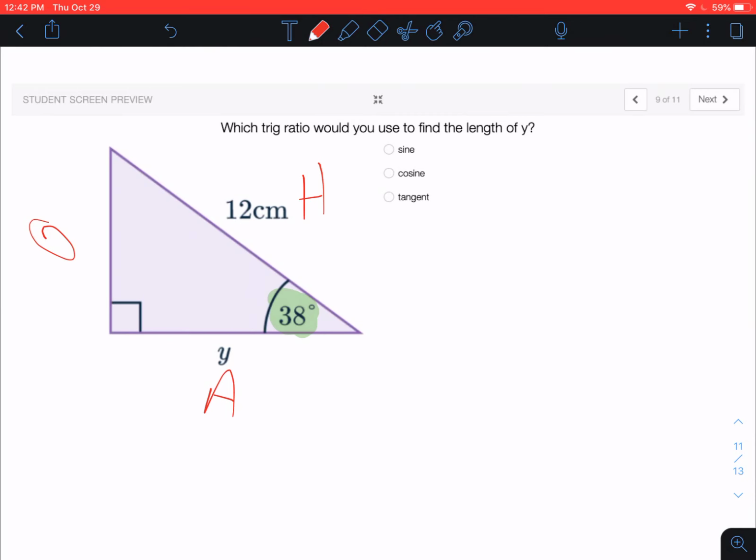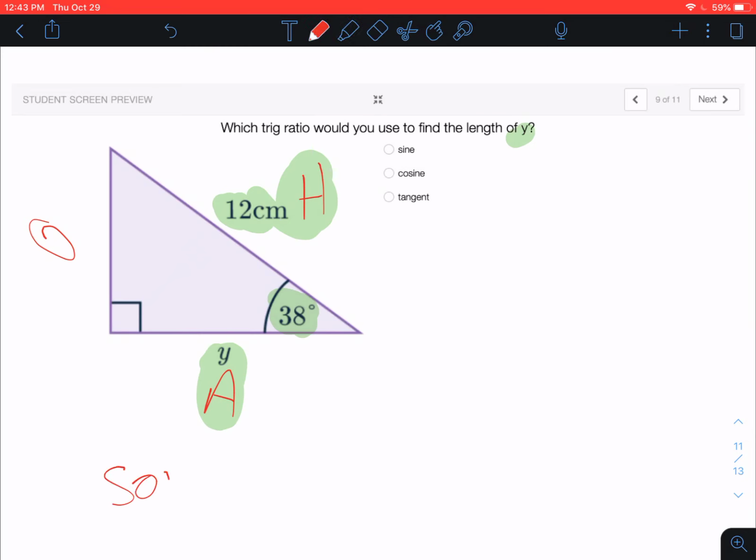Now they want me to find the length of Y. And so Y is my adjacent side. So my trig ratio will have to include the adjacent side. And then I want to choose one more side where I know the number, I know the length. In this case, I'm going to be choosing the hypotenuse because I know that it has a length of 12 centimeters.